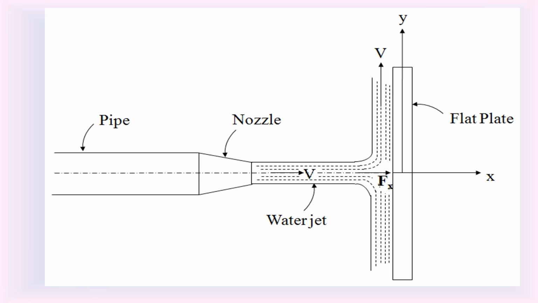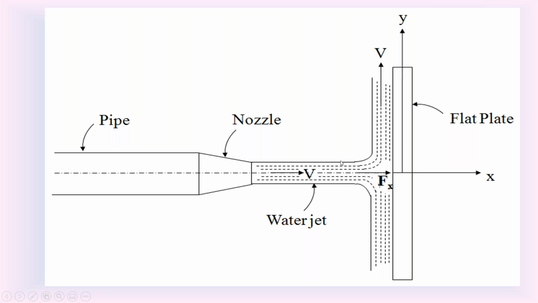What is that initial linear momentum? Mass of water jet times the initial velocity of the water jet in the direction of force Fx. Initial velocity is v. It is in the direction of force Fx. So the initial velocity of the water jet in the direction of force Fx is v.